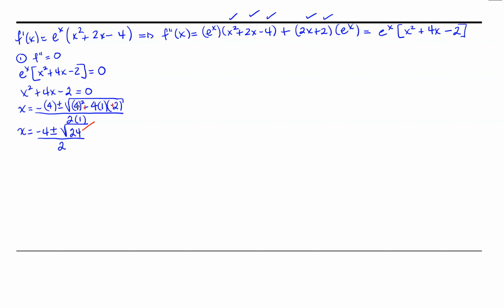Note that 24 is the product of 4 and 6, and 4 is a perfect square. So we will bring that outside the radical. So we have x equals negative 4 plus or minus the square root of 4, which is 2, times the square root of 6, all divided by 2.